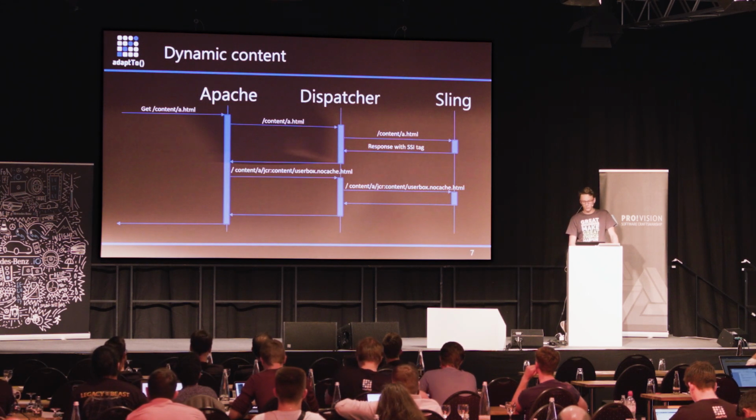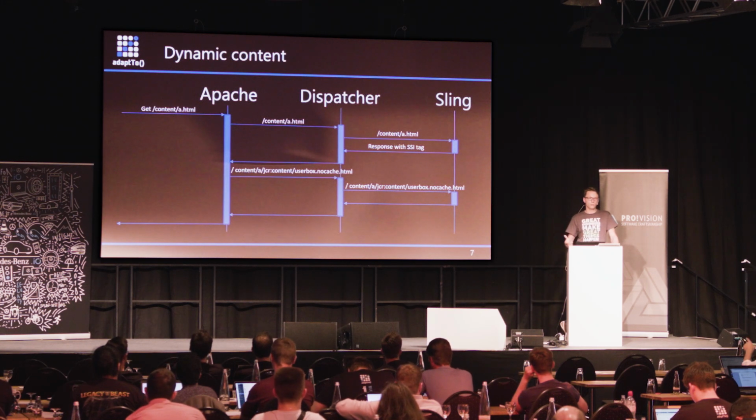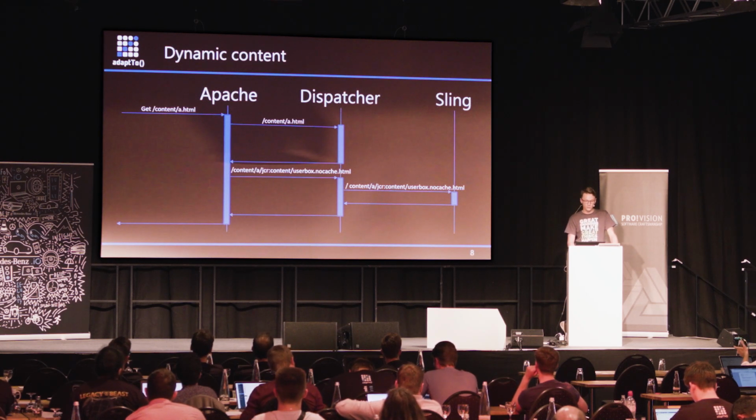During rendering this SSI tag, we are able to add some custom selector which says please don't cache this HTML on dispatcher level. And during the next request, we will just make a call for this single component, and the whole page will be taken from our dispatcher.